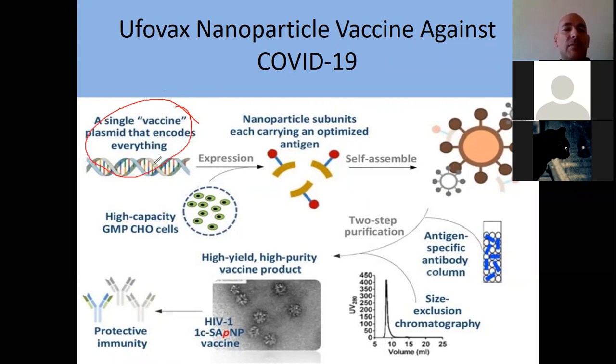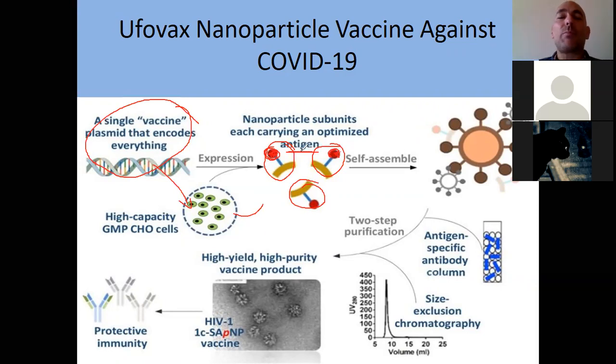This genetic material is inserted into cells in the lab, and these cells can produce these protein units, okay? And these protein units have these proteins here that are called antigen.